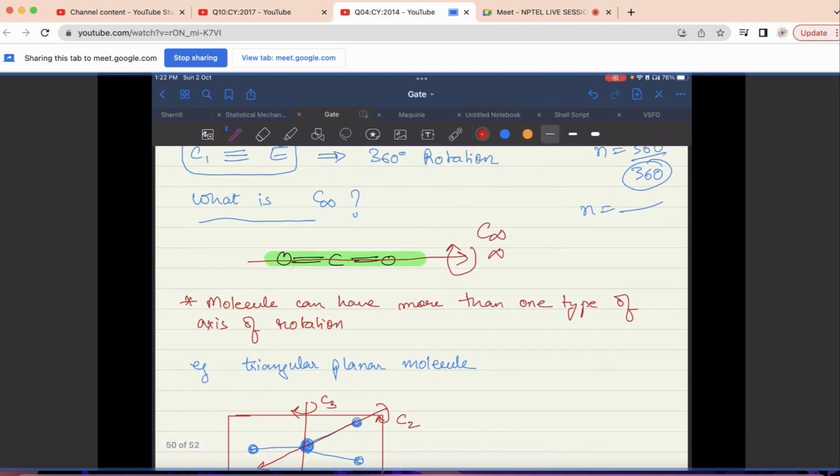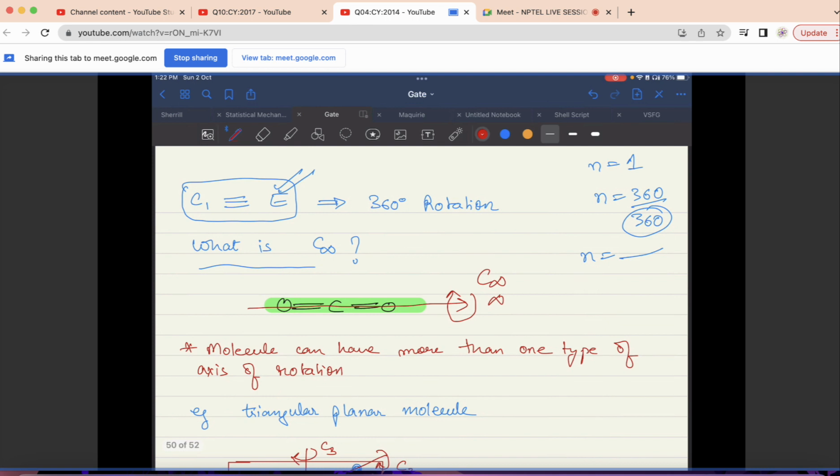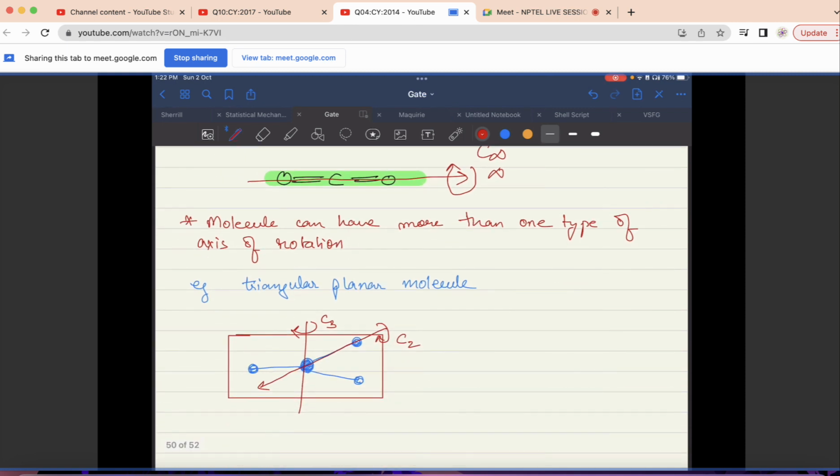So the molecule can have more than one type of axis of rotation. There is a point you should note: it is not particular that a molecule can only have a C2 or C4 or C3 rotational axis, but it can have both or more than 1 or 2 axes of rotation. So for example, you can see that this is a triangular planar molecule.